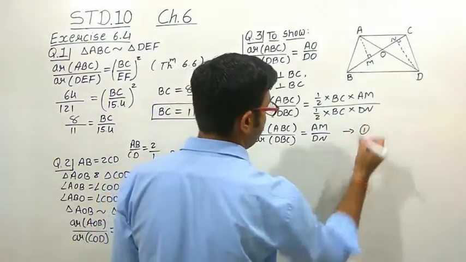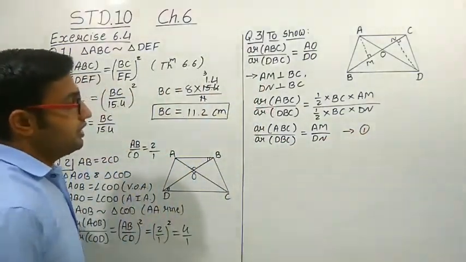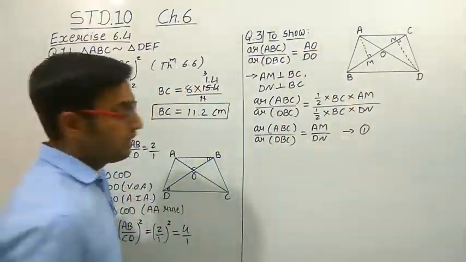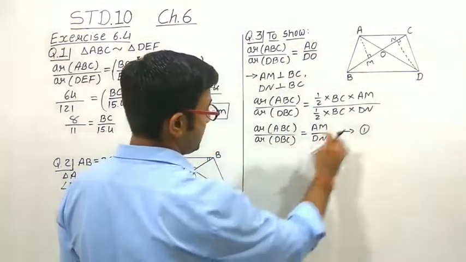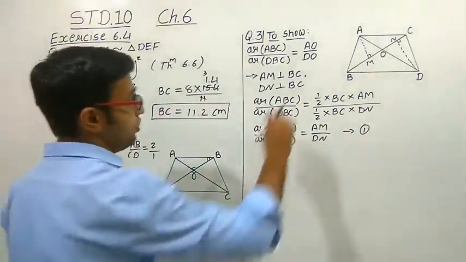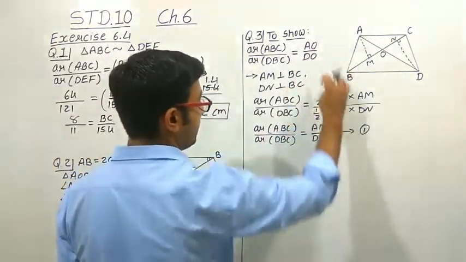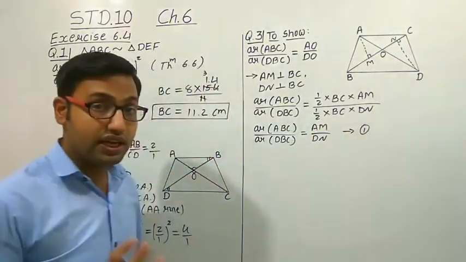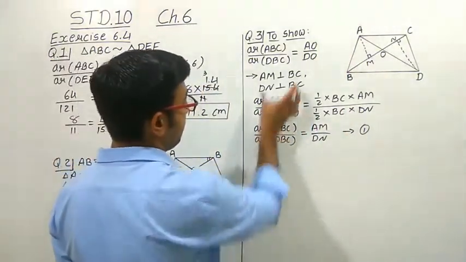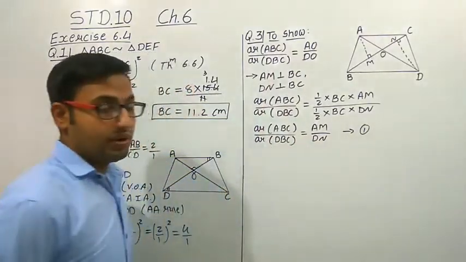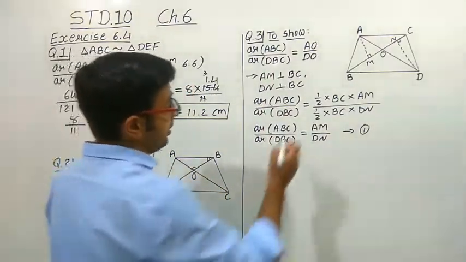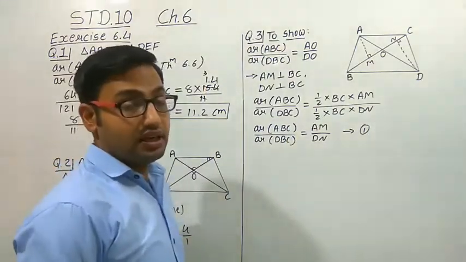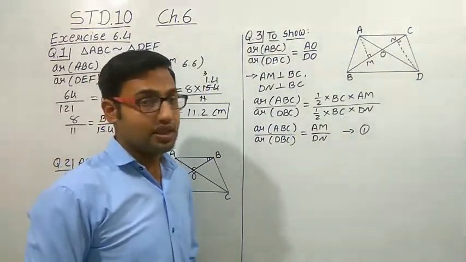Give it equation number 1. See, here we have to prove that this ratio is equal to AO upon DO. Here we get the ratio AM upon DN. So if we can equate AO upon DO with AM upon DN, then by comparing these two we can get the required result. But how can we compare it? We know that if two triangles are similar, then corresponding sides are in the same proportion.